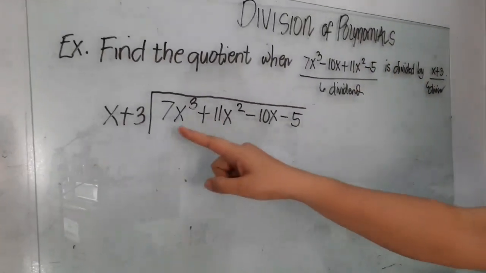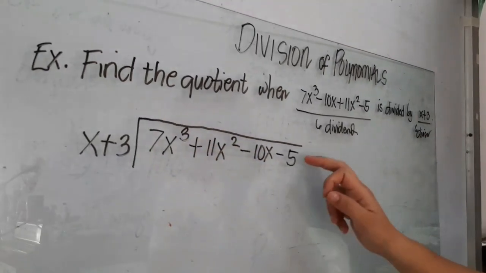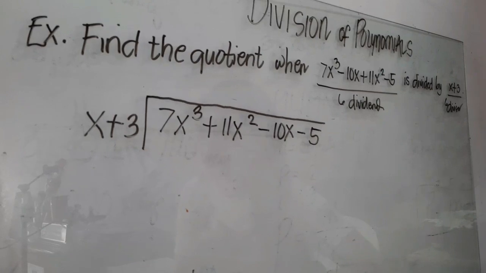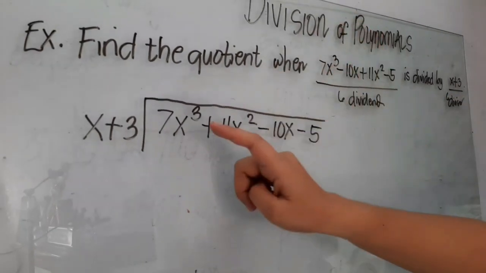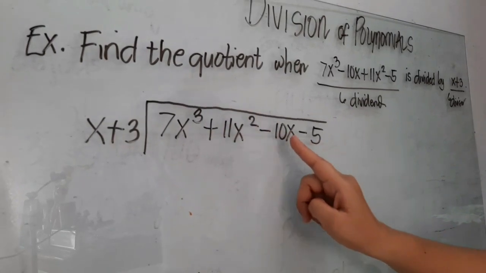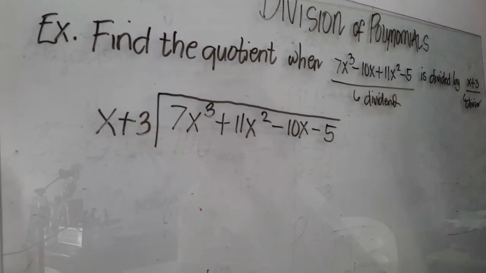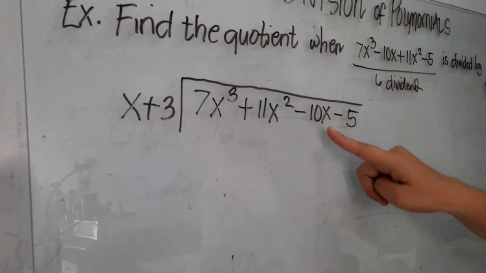Before we divide our polynomial by this one, I want you to look at our dividend. What is the degree of our polynomial? The degree refers to the highest exponent of the variable. Our variable here is x. So what's the highest exponent of our variable?